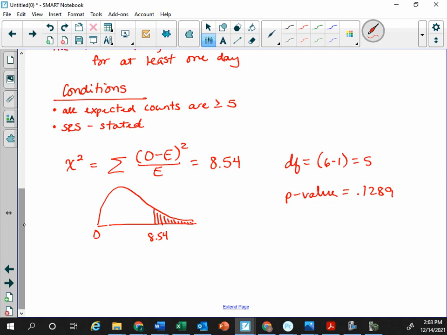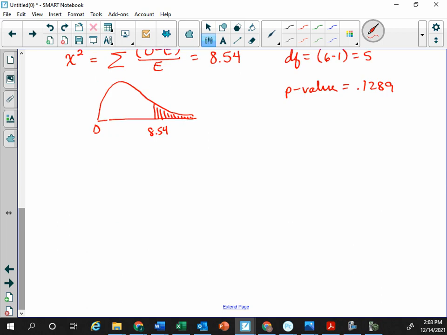And now we're back to stuff we know. We have a p-value and we have to write a conclusion. So are we rejecting or failing to reject? Yes, since our p-value 0.1289 is greater than alpha of 0.05, which I think they gave us in the problem. We failed to reject the null.